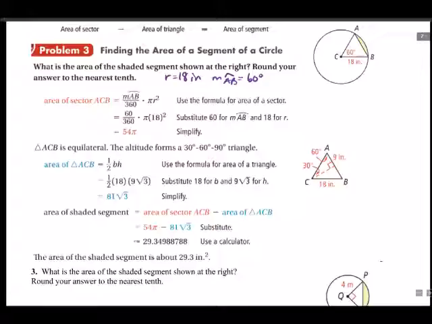And so we can just put that in. 60 over 360 is 1/6 times 18 squared is 324 over 1 times pi, and we end up with 54 pi. That's the easy one. How do we do our triangle? How are we going to find the area of the triangle?